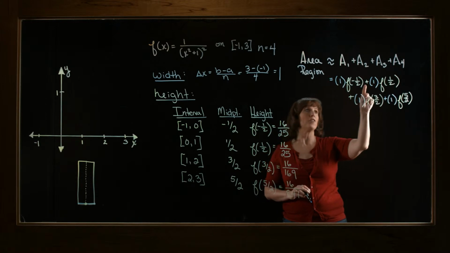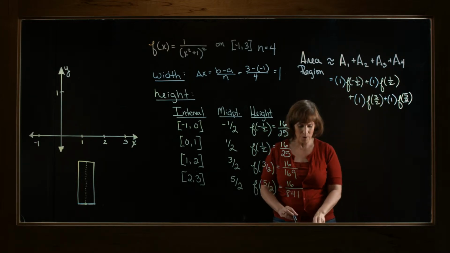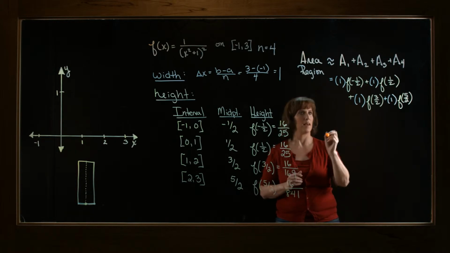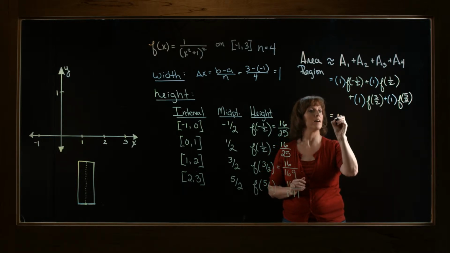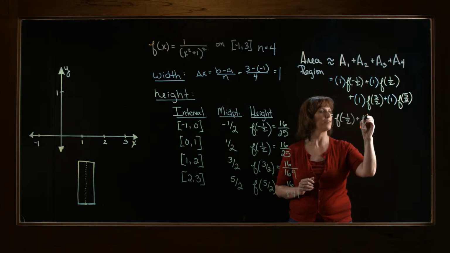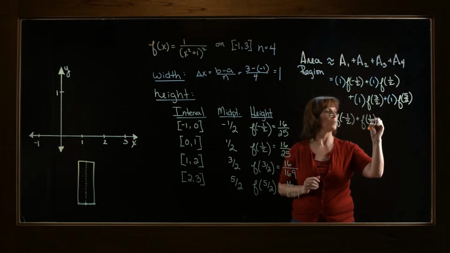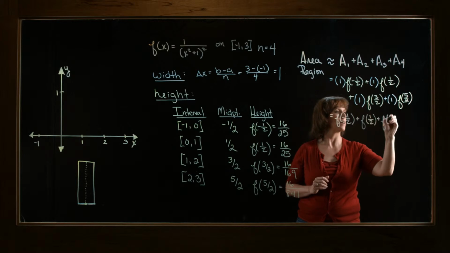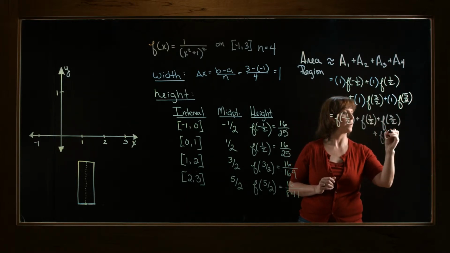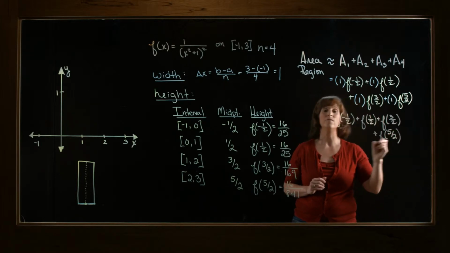Now, I notice that all these coefficients are 1. So really, all I have is f of -1/2 plus f of 1/2 plus f of 3/2 plus f of 5/2.